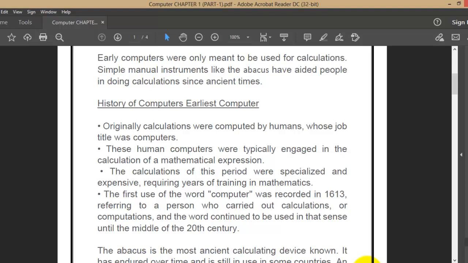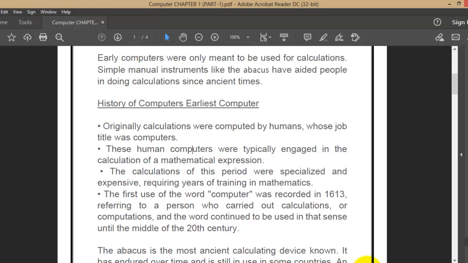The first use of the word computer was recorded in 1613. The word referred to a person who carried out calculation or computation, and the word continued to be used in this sense until the middle of the 20th century.